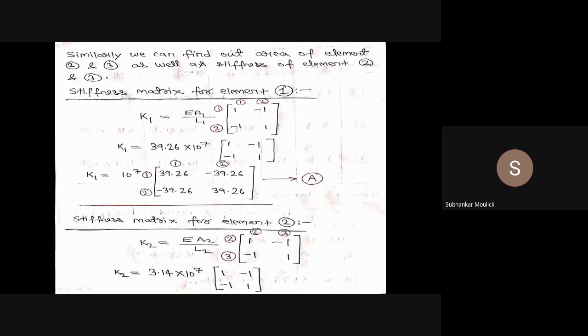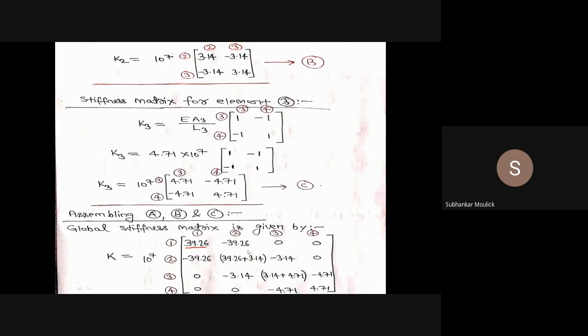Similarly, from equation number C also I will not take it because here the third and fourth rows and columns are present. So my final answer for first row and second column is minus 39.26. Is it clear?